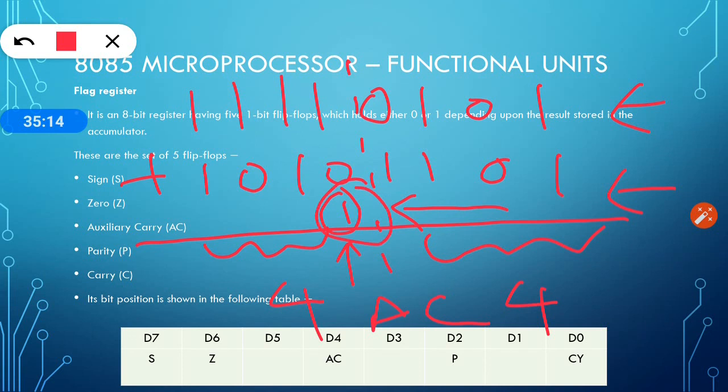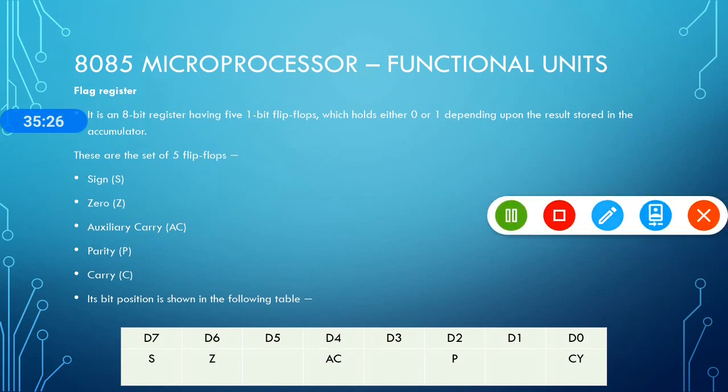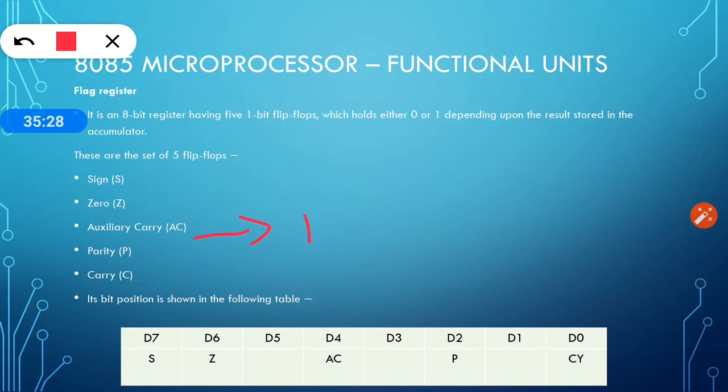And if at the final end a carry is generated, this carry is called your CY or carry, right? So that means you have got the idea of auxiliary carry and carry. If auxiliary carry is generated, this AC becomes 1. And if the final carry is generated, this becomes 1, right?